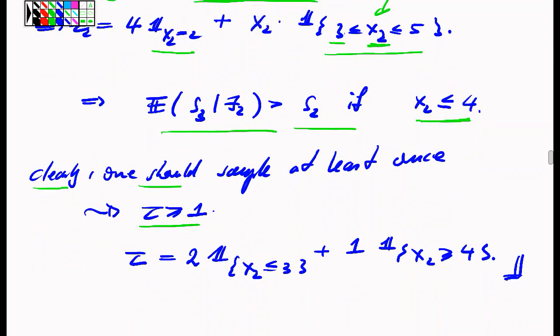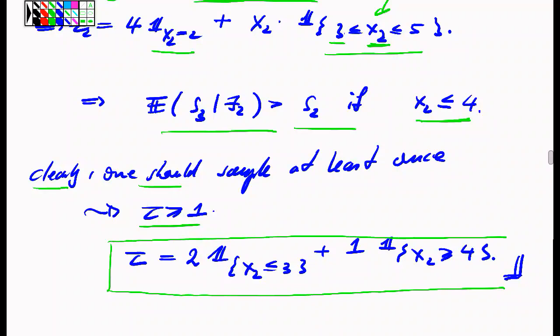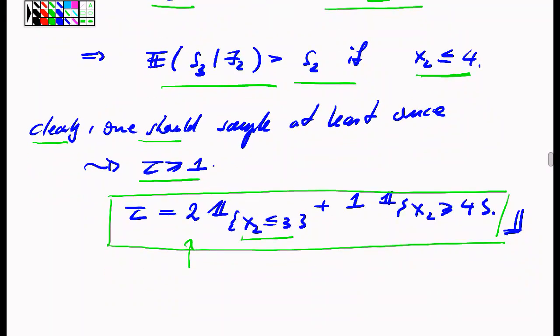And at the end, this tells you that the optimal stopping time is given by this rule. When the first two rounds gave a result which is smaller or equal to 3, then it is advisable and preferable to play a third round.